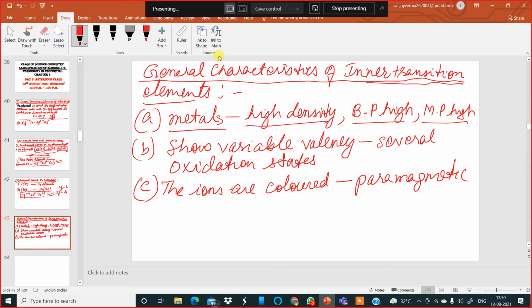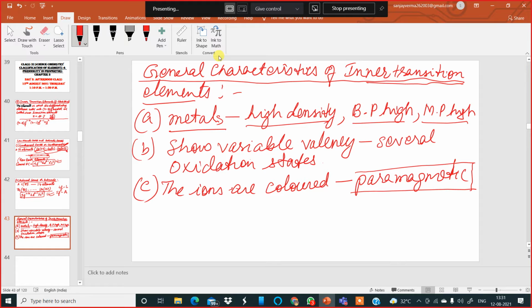Now this paramagnetism is because of the presence of unpaired electrons. If there is an unpaired electron in any of the orbitals, maybe the f orbital or the d orbital, then that compound of the inner transition element is going to behave in a paramagnetic manner. That means it will be affected by magnetic fields, either attracted or deflected.